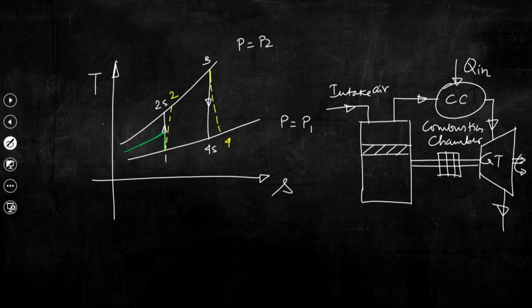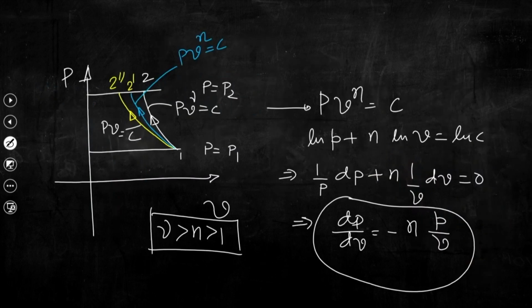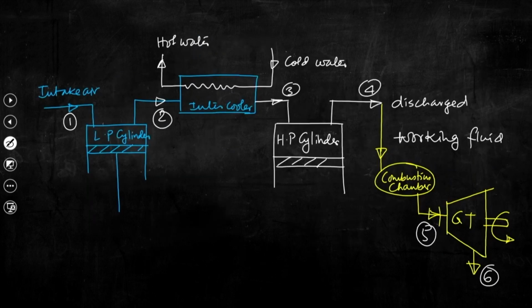Say this is the reduction in temperature up to this. So, this would be say 3, because here, 2 to 3 is the reduction in temperature of the working fluid, and that is at constant pressure. That heat will be taken away by the cold water that is supplied to the intercooler. Then again 3 to 4 would be a rise in pressure, that is from pressure P1 to P2.